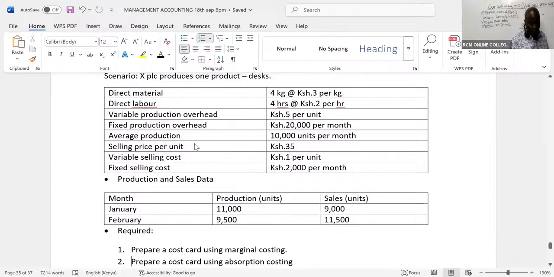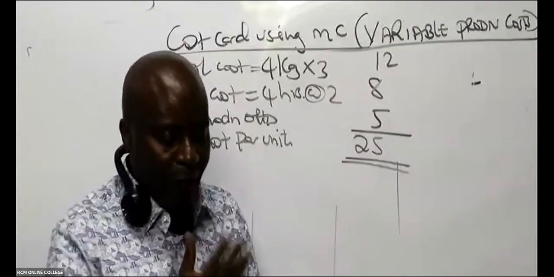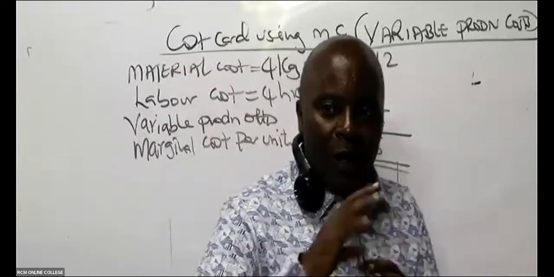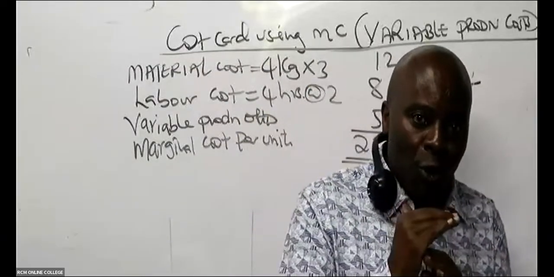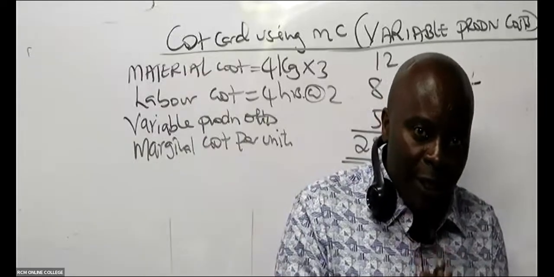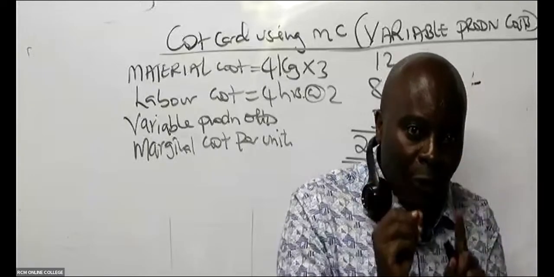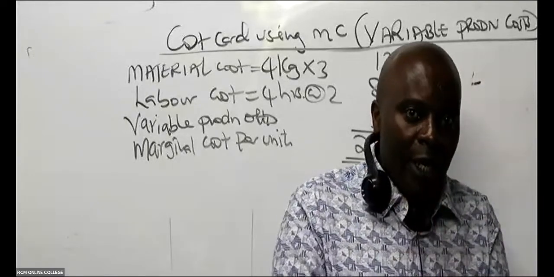Then we have selling price, and then you can see down there we have variable selling cost. So can we bring this variable selling cost to be part of inventory costs? No. Remember, our inventories, we are only costing them up to the time we produce them. It is only production expenses that can go to our units that we produced and the inventory.